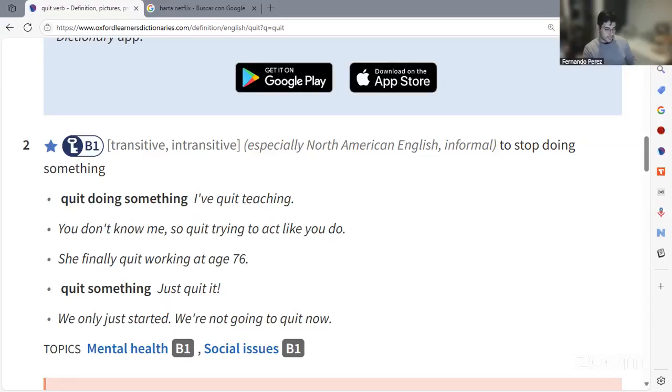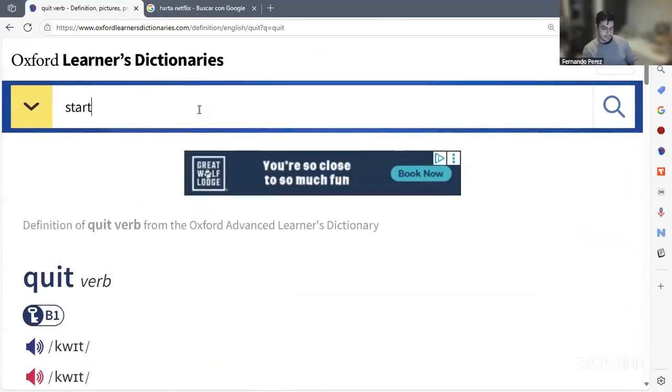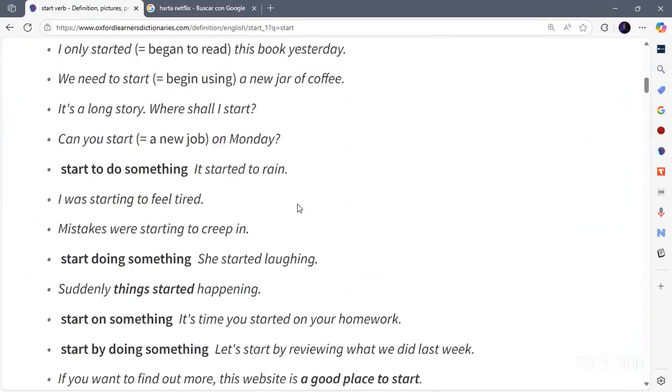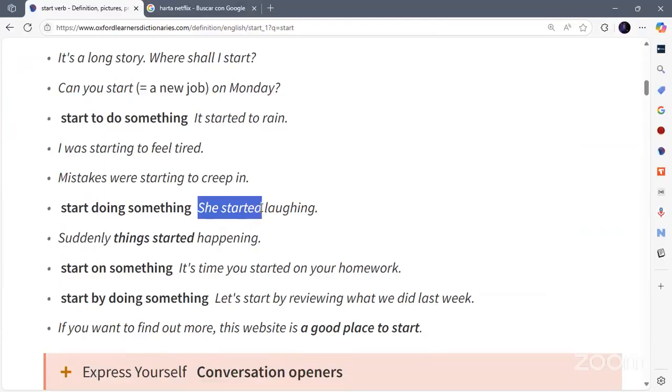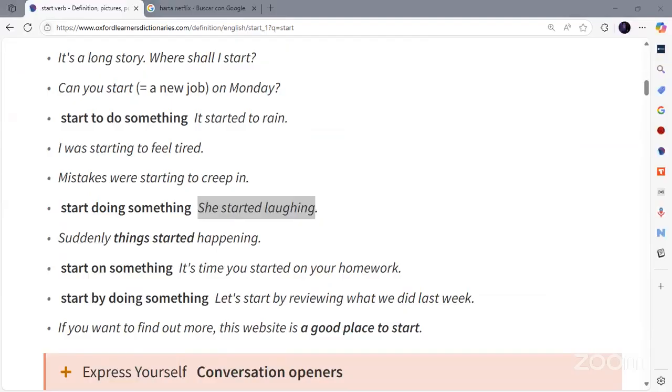So when you started the gym, when I started to go to the gym. Oh, and I think start is another one. Start plus ing. When I started going to the gym. Yes, that's correct. When I started going to the gym. Take a note.